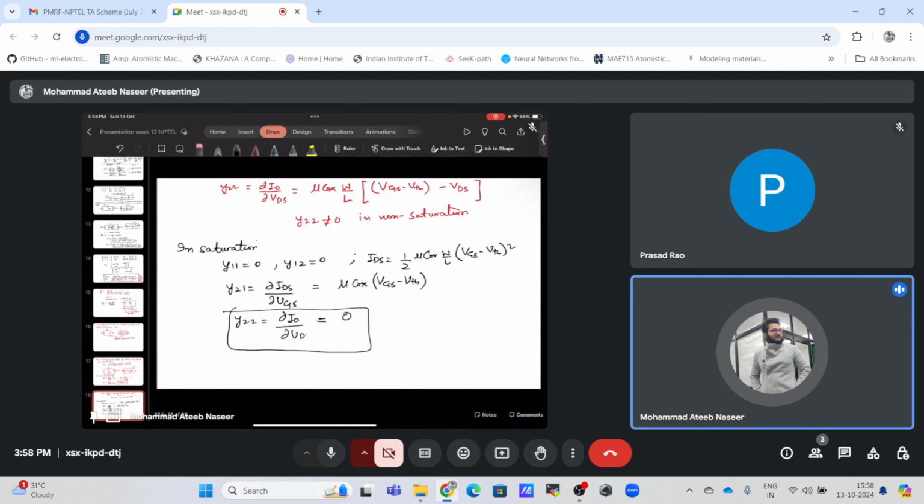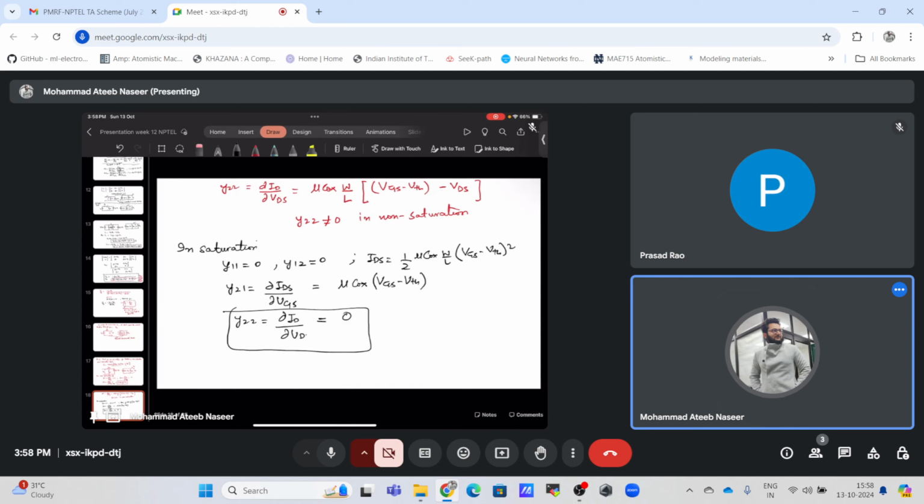That is the maximum transconductance value we will get, and the gain is dependent on this Y21, and most of the time on the power supply voltage itself. So if we bias the MOSFET in the saturation region, we ideally have Y22 equal to 0, and we will be able to achieve the maximum gain.